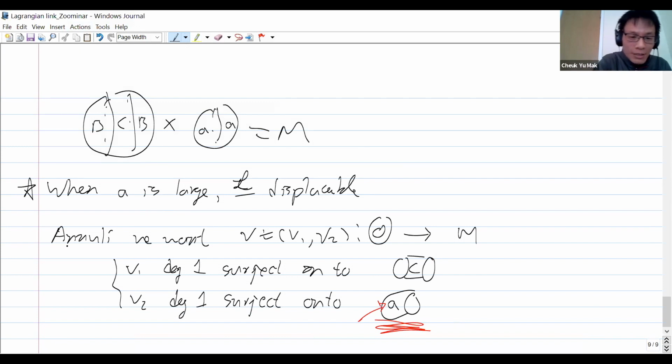But why are these the annuli we want? The reason is that these are the annuli with the correct virtual dimension, and you can ask, how about the annuli that only surject onto this factor, but are a constant map to the second factor? How are they playing any role?